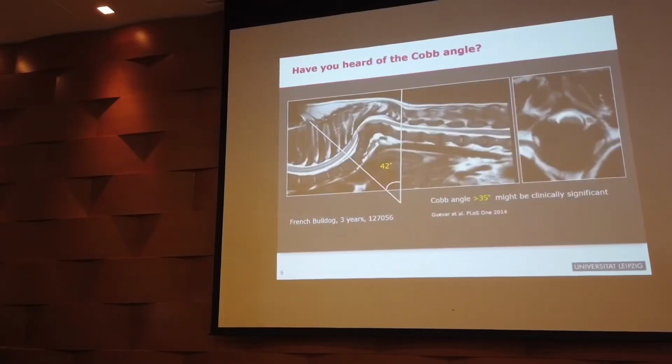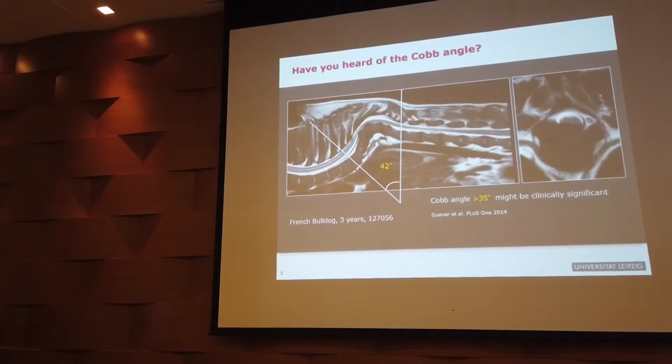By the way, it's not this dog, but I'm not sure if you have heard about the Cobb angle. There was a study performed 5, in the meantime 6 years ago, that established the so-called Cobb angle.